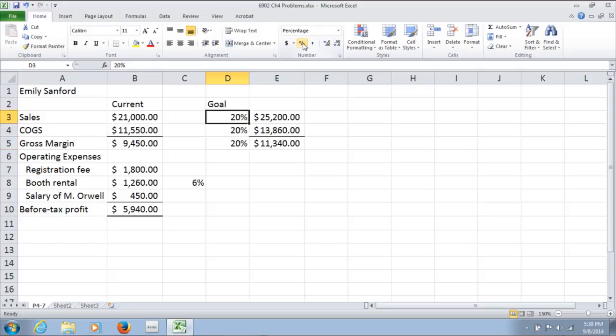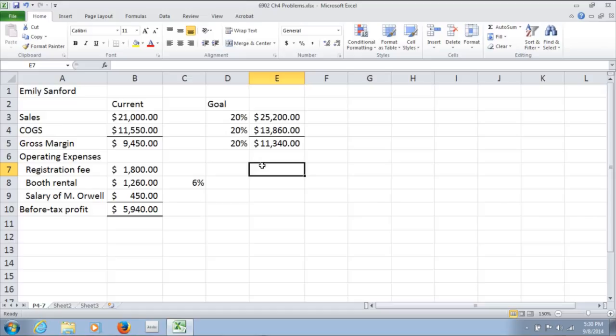So we increase the sales by 20%. What will be the overall effect? Well, in her initial prognostication, she thought that the before tax profit would increase to 71.29. But what happens here?